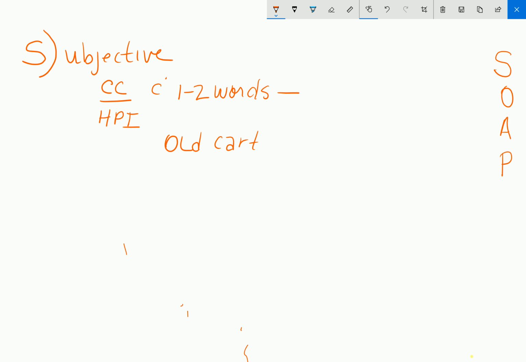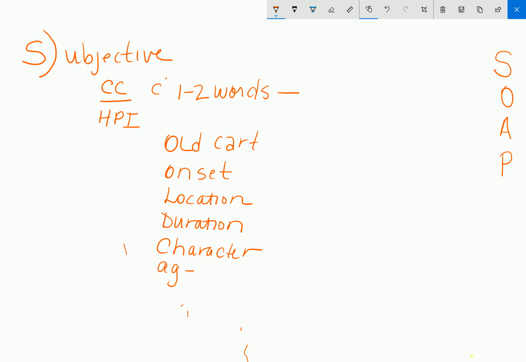Old CARTS stands for onset, location, duration, character, aggravating and relieving factors, radiation, timing, and severity.